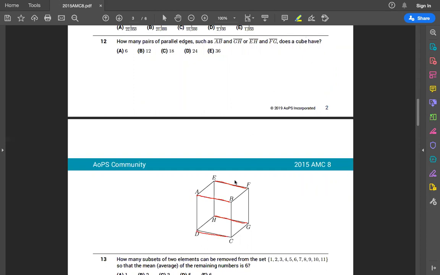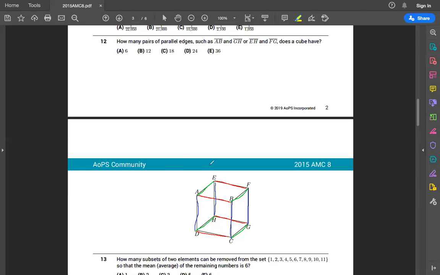And then we have more parallel edges here. And then we also have one more set going up and down. So pretty much just one set of parallel lines for every dimension.